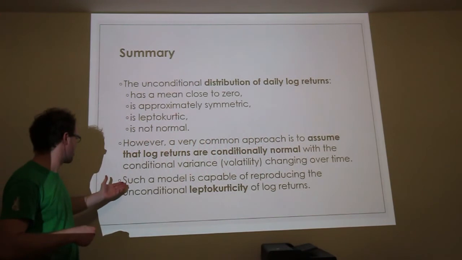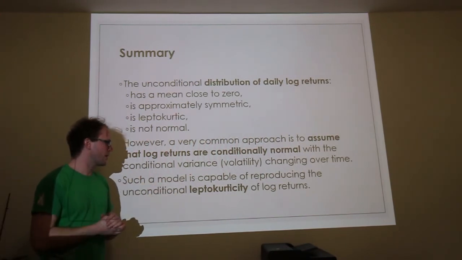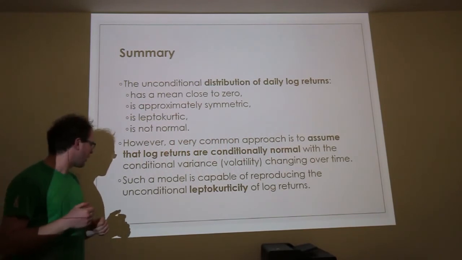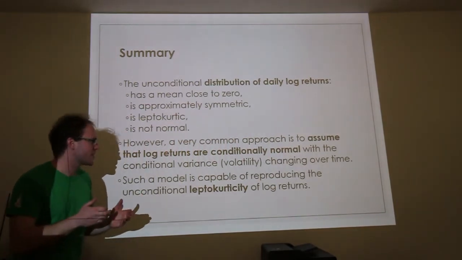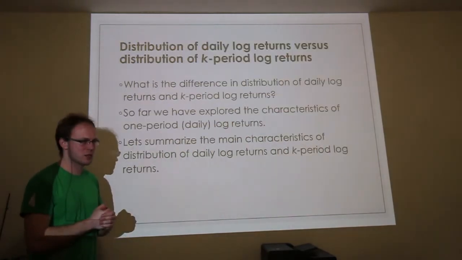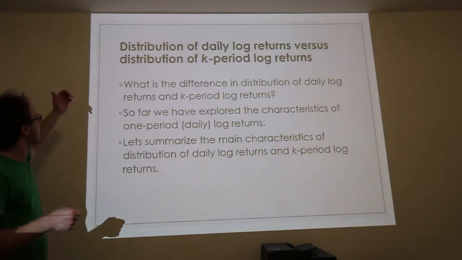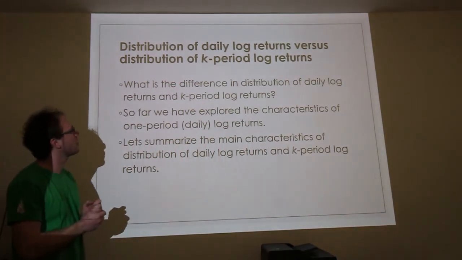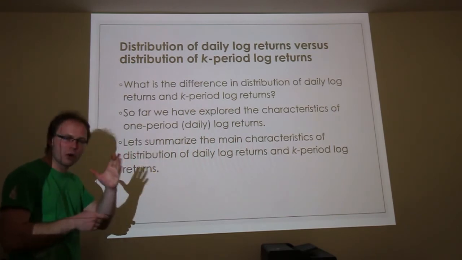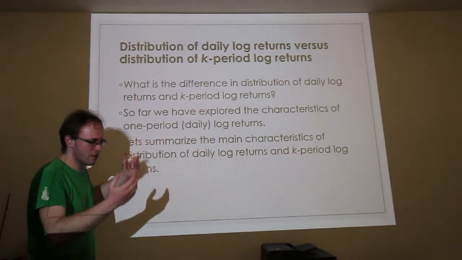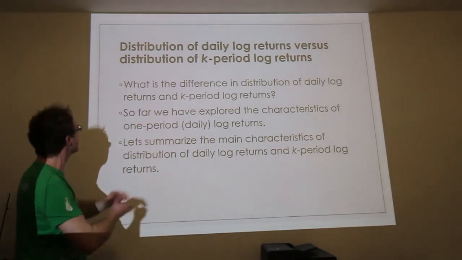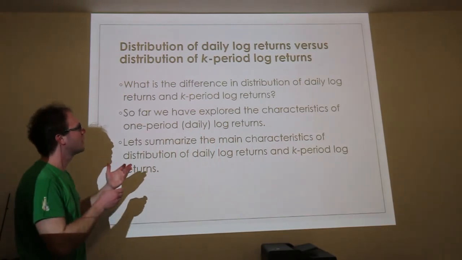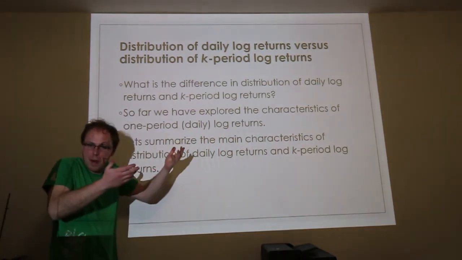Such a model is capable of reproducing the unconditional leptokurticity of log returns. Distribution of daily log returns versus distribution of k-period log returns. So this is the new small chapter. What is the difference in distribution of daily log returns and k-period returns?